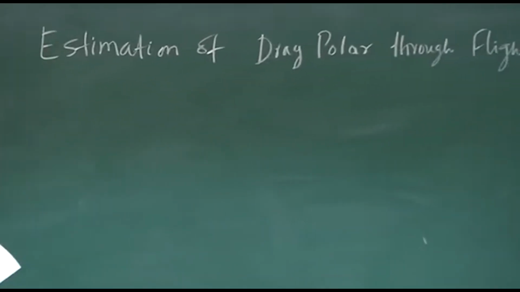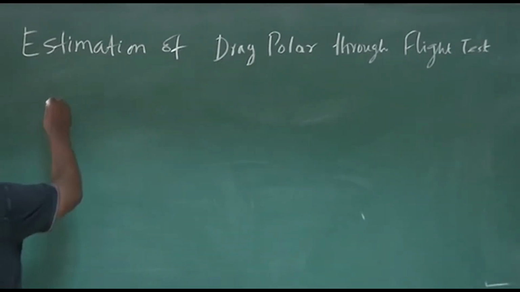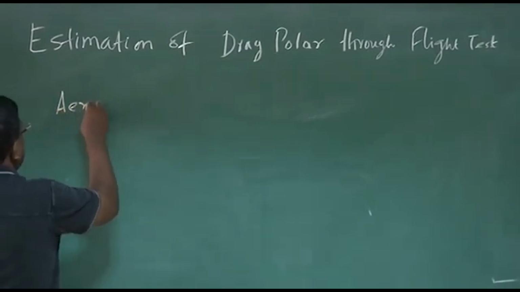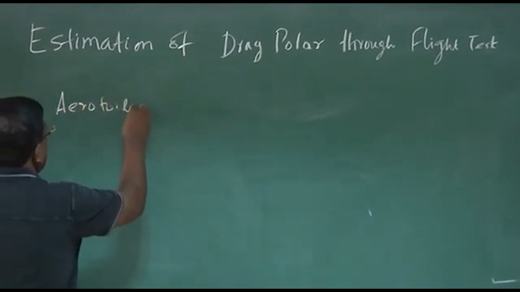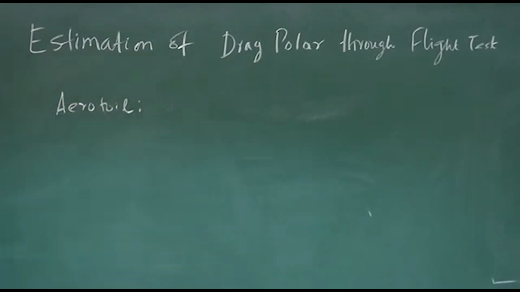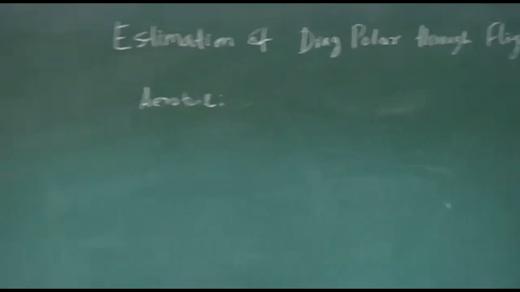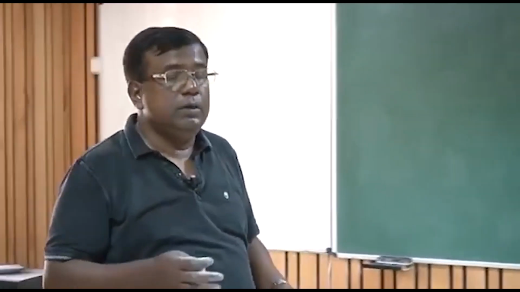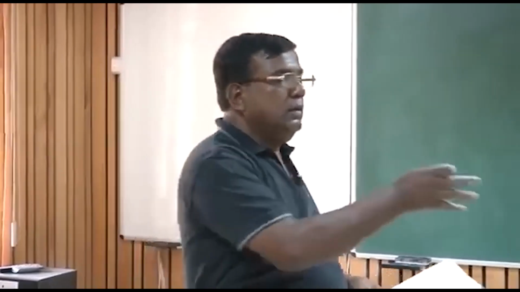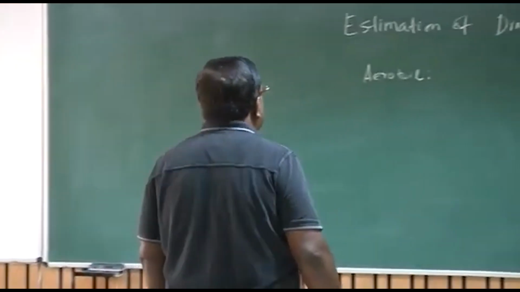Before we do that, let us recall we started with aerofoil. They are basically contours with an infinite span, infinite aspect ratio, to ensure the flow is always along the chord.